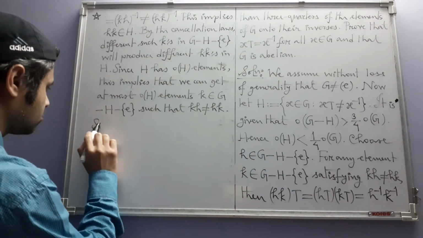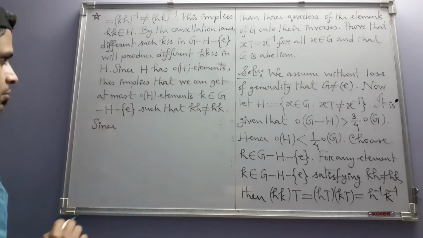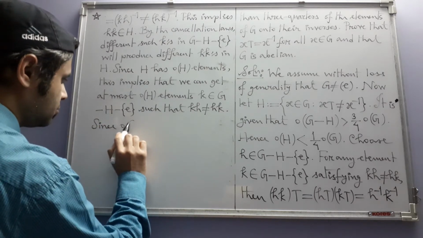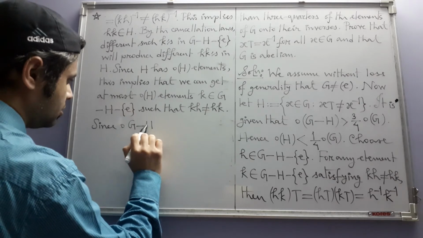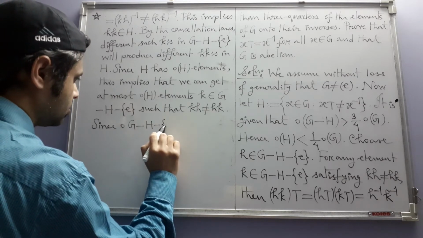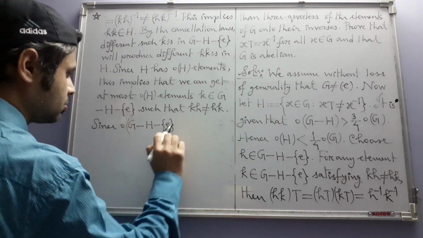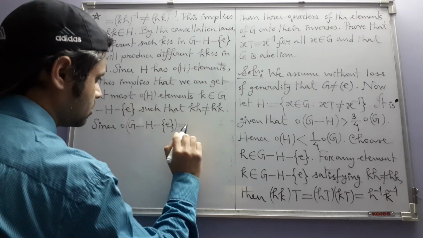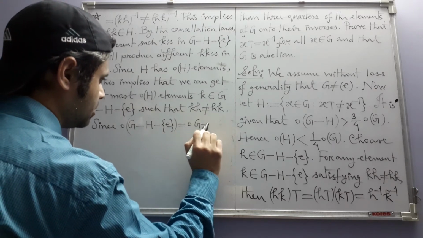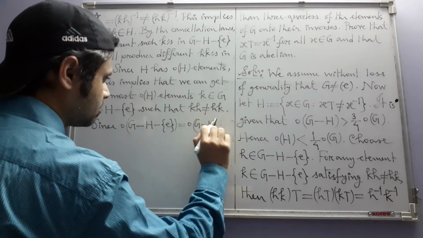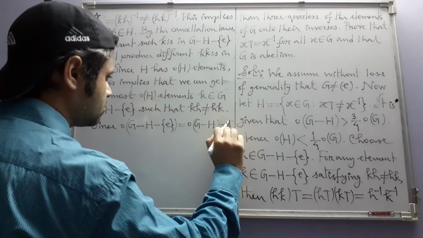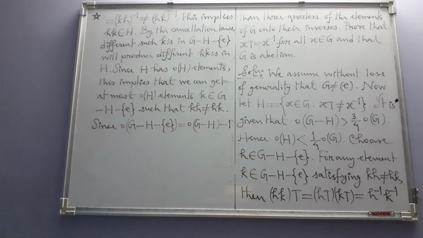Since order of G minus H minus e is equal to order of G minus H minus 1. This one is coming because of this, of course.